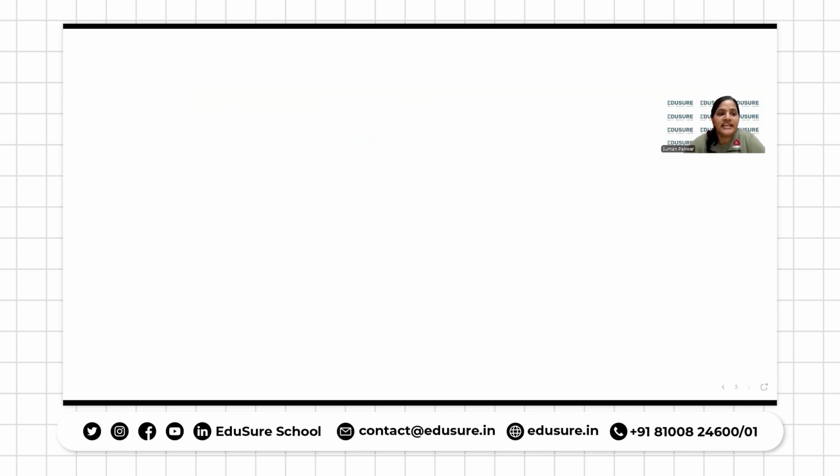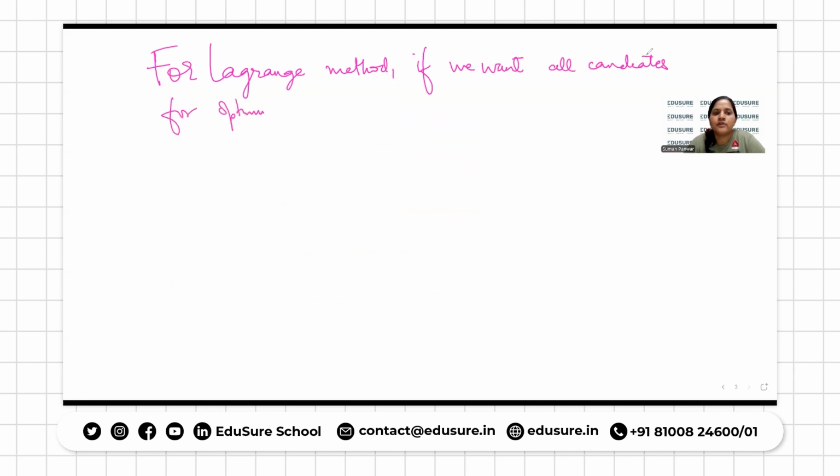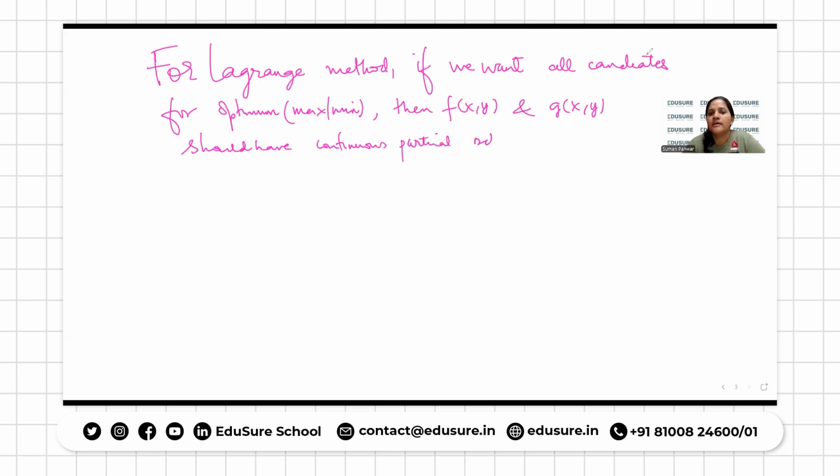The reason is that for the Lagrange method, if we want all candidates for optimum values, that means maximum or minimum, then f(x,y) and g(x,y) should have continuous partial derivatives.